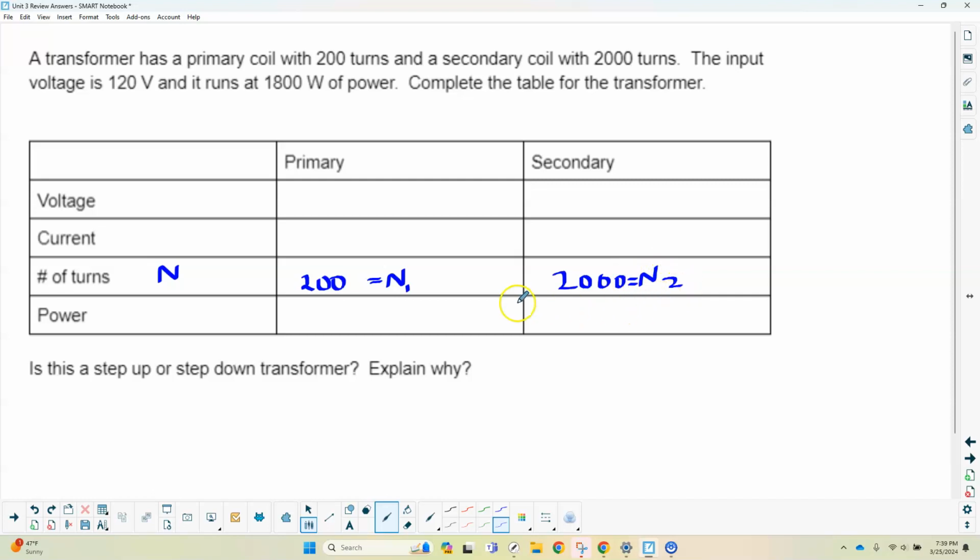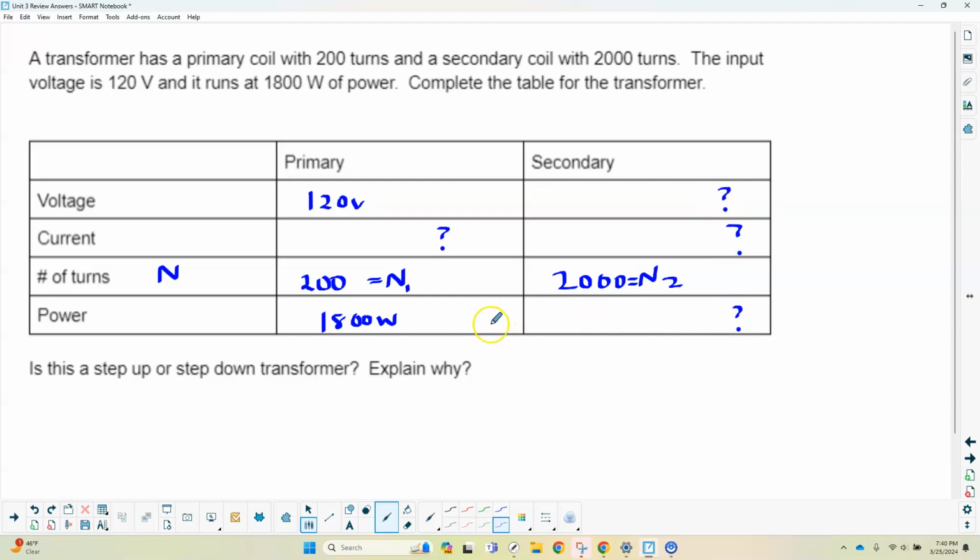So we have our two N values for the number of turns around the magnetic coil. The primary voltage is 120 volts, and it runs at a power of 1,800 watts. We're going to try to solve for the currents in both the primary and secondary, and for the secondary voltage and the secondary power.